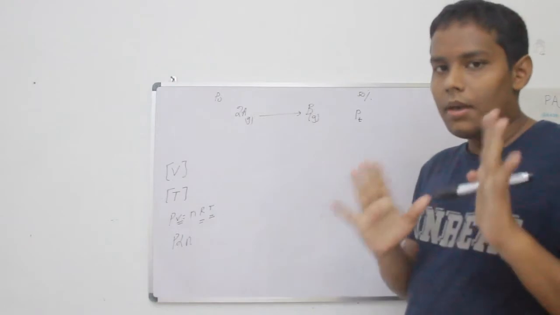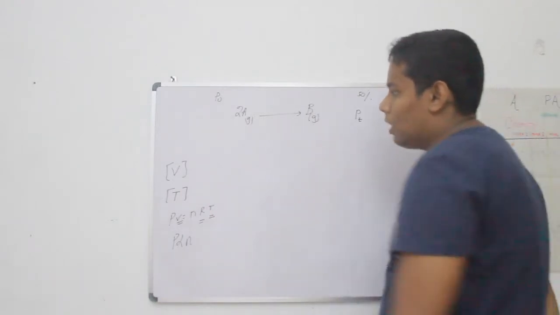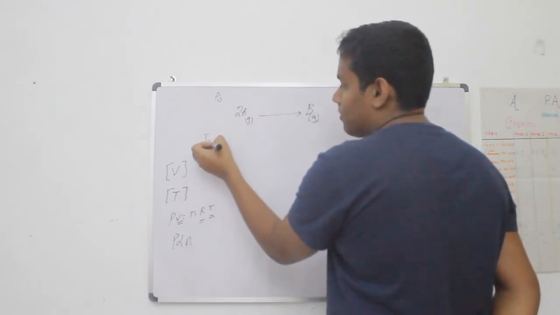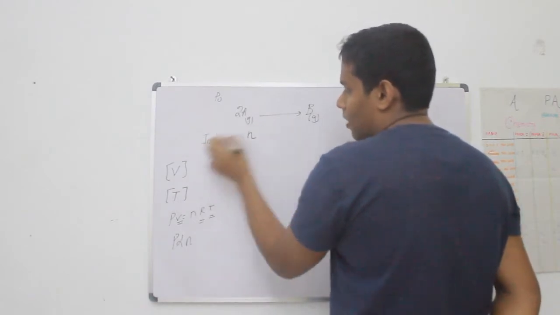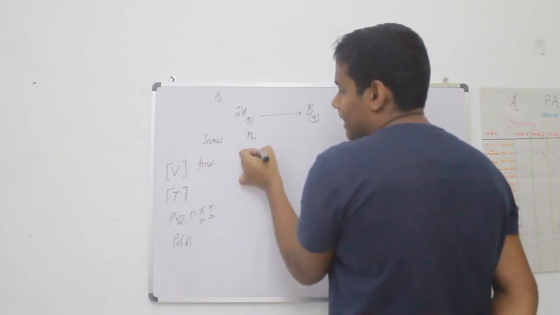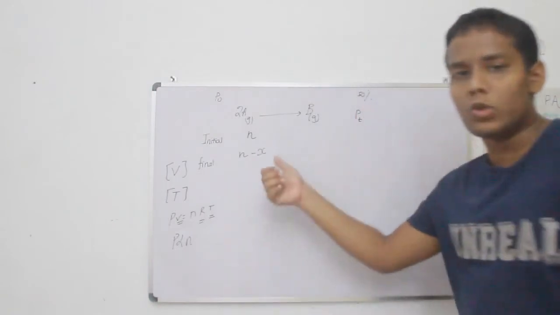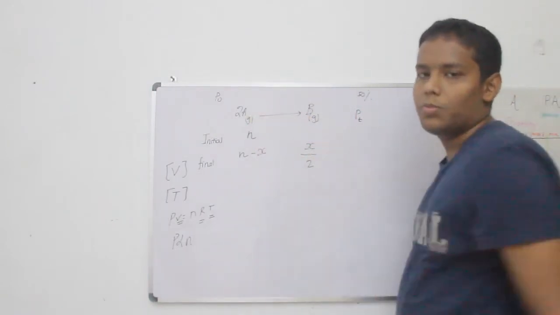So if I consider the initial number of moles of A gas to be N, and the final number of moles of A gas, assuming X has dissociated, is N minus X. If X dissociated from A, how much B will be formed? X by 2.